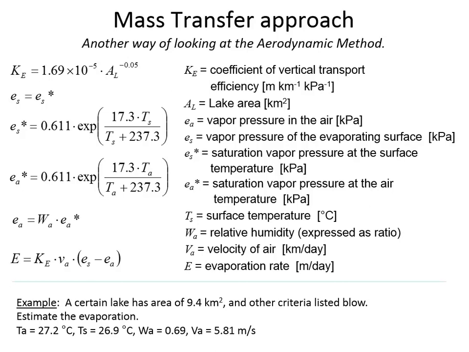Is that maybe because there's more wind going across the lake? Yeah, you could look at it as what's the cross-sectional area of the wind relative to the total area of the lake. Or it could be the amount of time that a certain packet of air is above the lake.